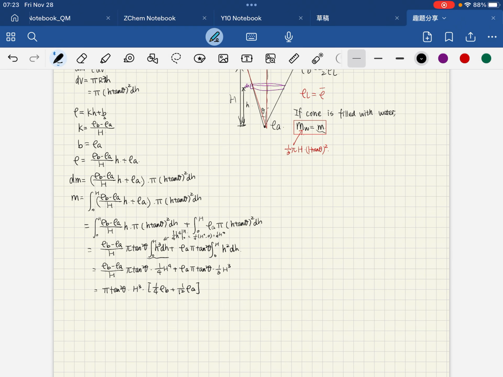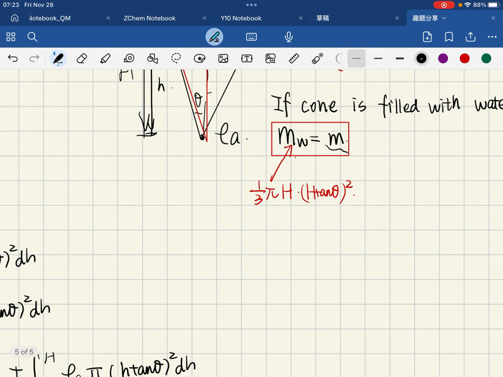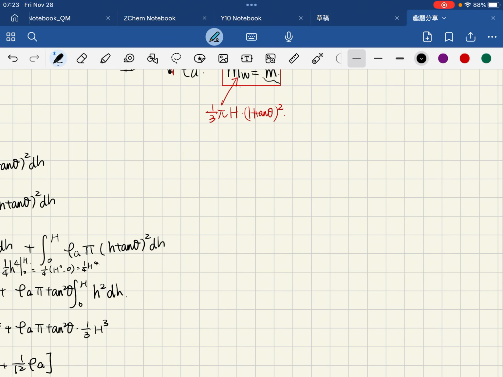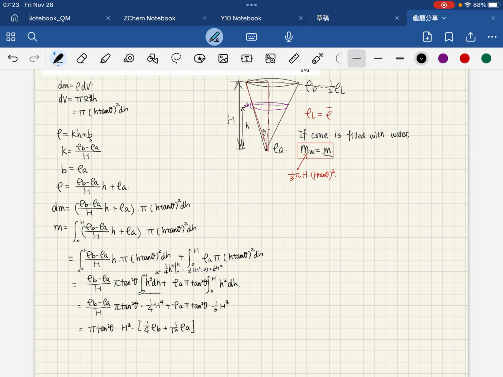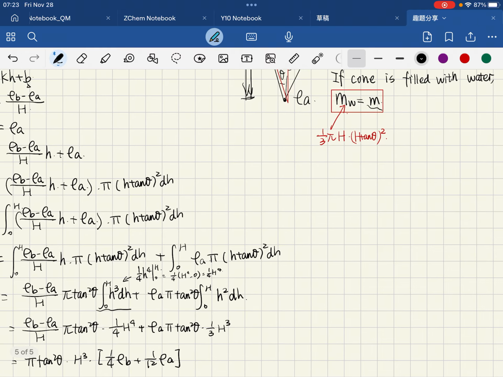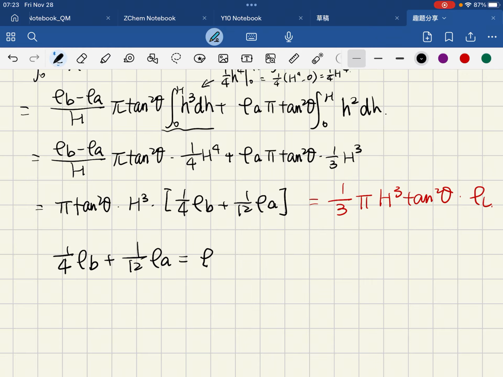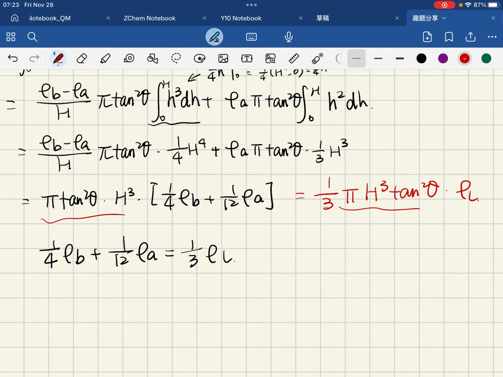Now we get the actual mass of the cone. Let's use this relationship to find rho A, because the only unknown term in this relationship is rho A. So 1 over 4 rho B plus 1 over 12 rho A equals 1 over 3 rho L, because these terms can cancel out.